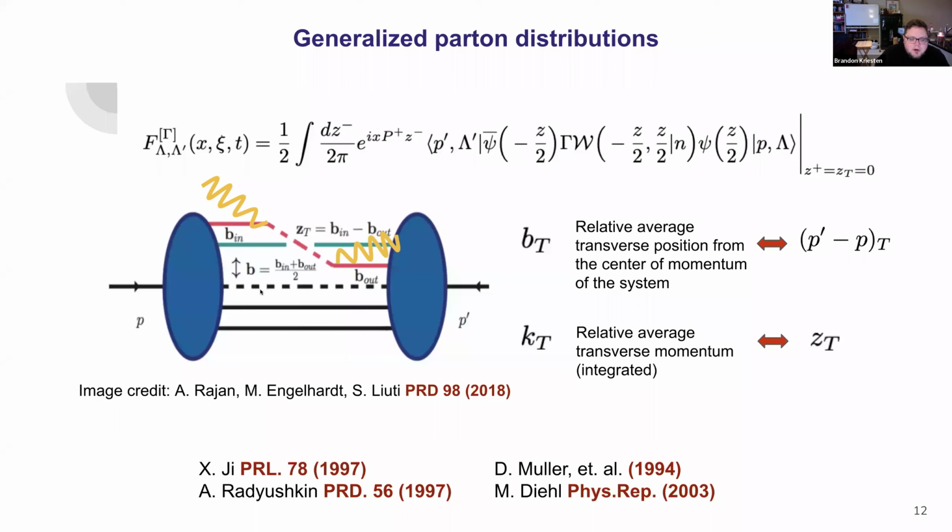So B perp would be, for instance, a Fourier conjugate to the external momentum. I think with the color transparency people, B perp is also called Z perp in our language. But I think the B perp that you're talking about is actually what we call Z perp. Okay. Yeah. I think that's the way to think about it.